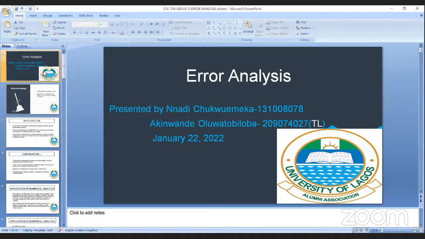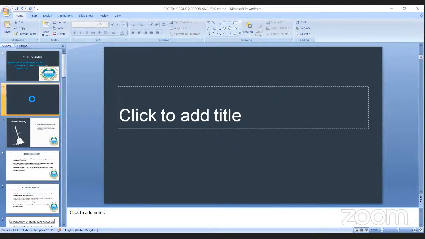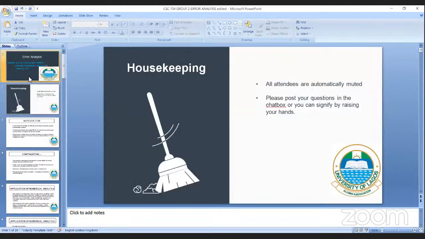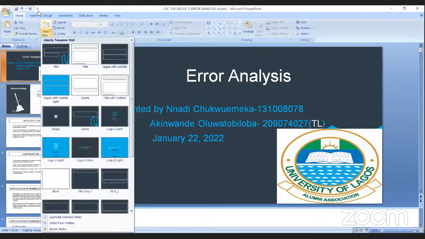Yeah, please, can you put it in slideshow? Because it appears very little. Just go to slideshow. No, don't add another slide. Just go to slideshow. Home, insert, design, animation, slideshow. Place your cursor up, then left, right.